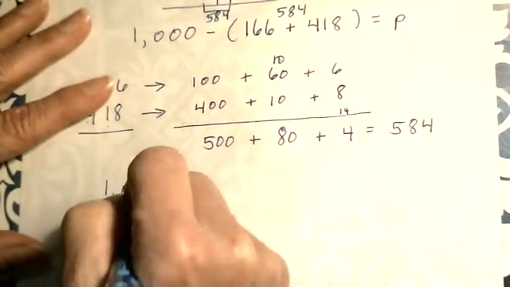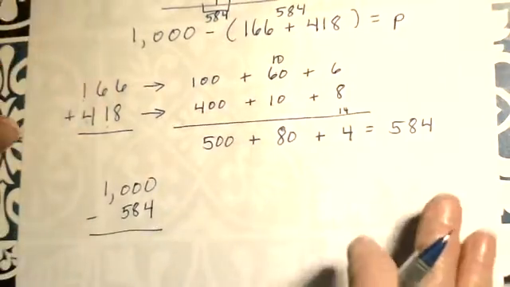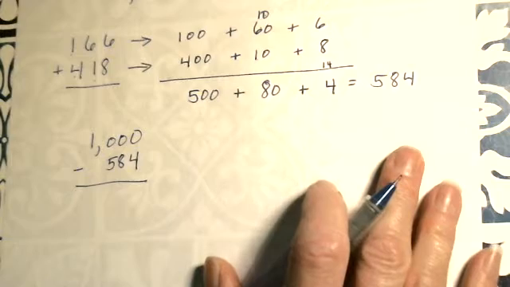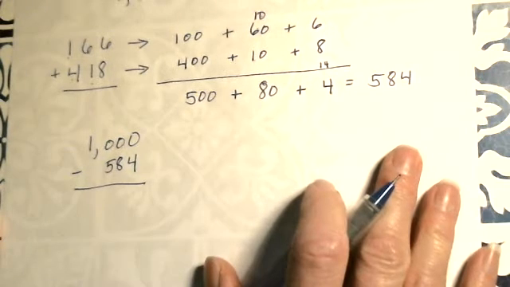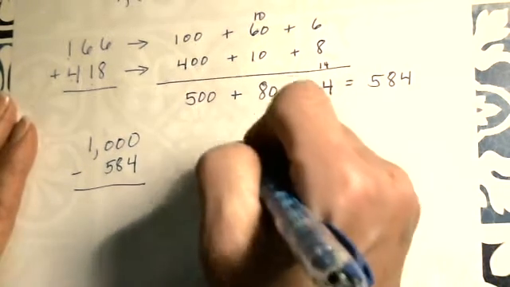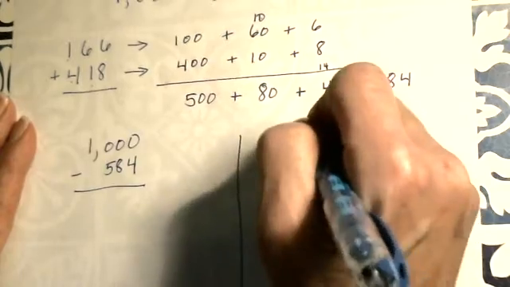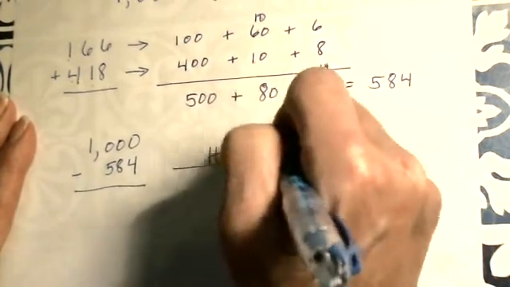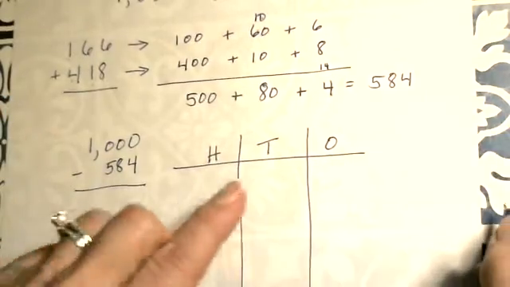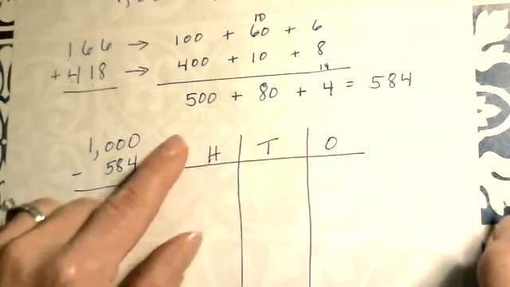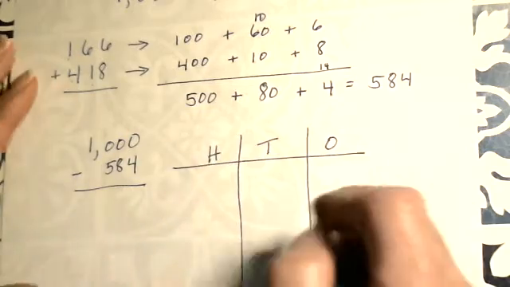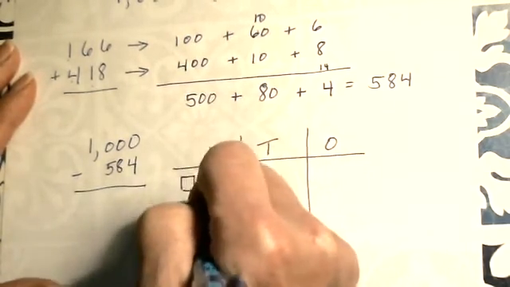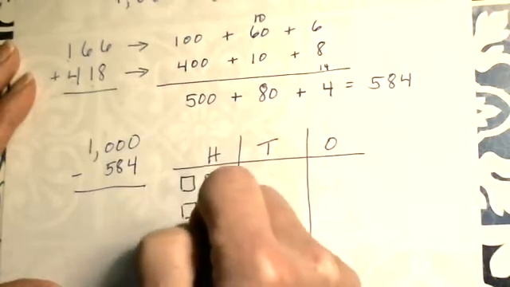minus 584. Okay, I'm going to do this two ways, and in another video I showed you the subtracting from 1,000. I showed you that you could use a place value chart, and what you could do is in the hundreds, because 1,000 is 10 hundreds, you could put 10 hundreds.